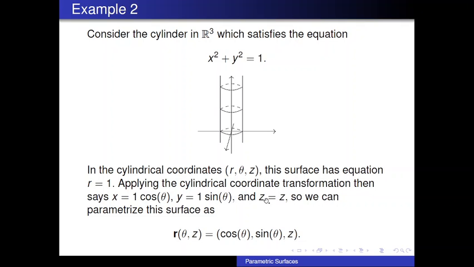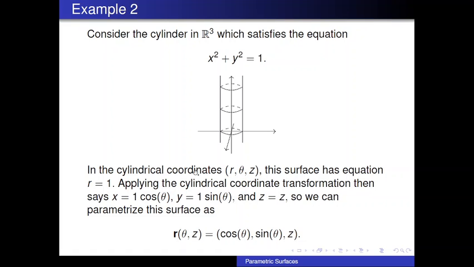We can use those two variables to parameterize this surface as little r of theta comma z equals cosine of theta in the first component, that's x, sine of theta in the second component, that's y, and z in the third component, because that's z. Okay, so this is fun.